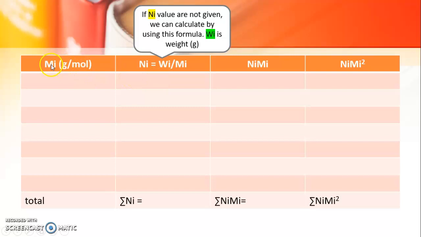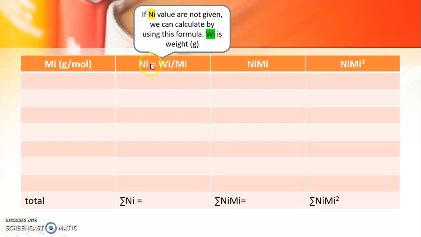Okay, if the question doesn't give a Ni value but gives a Wi value, which is the initial weight, you can use this formula.